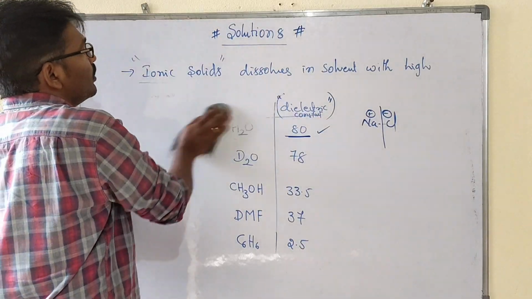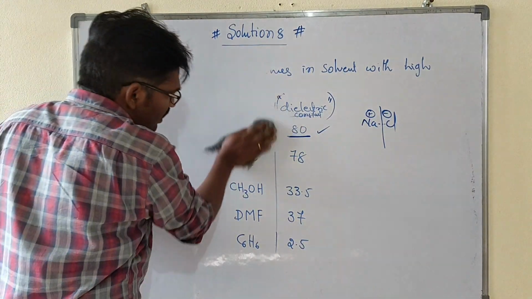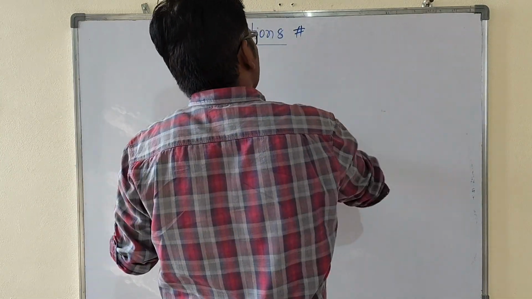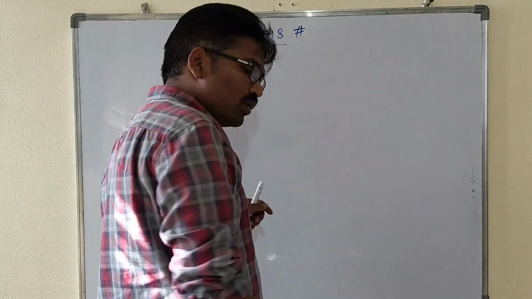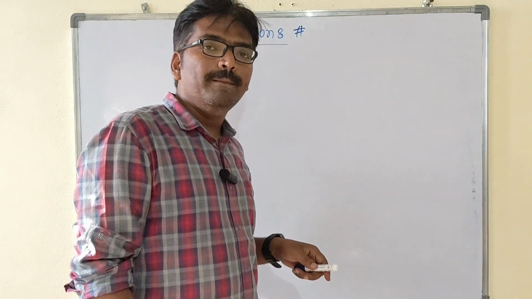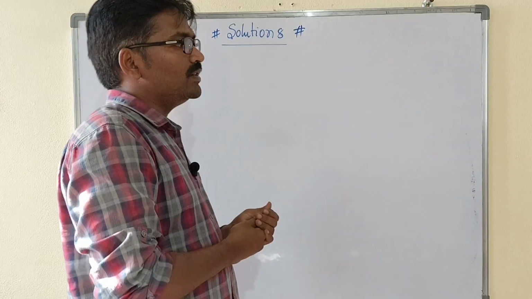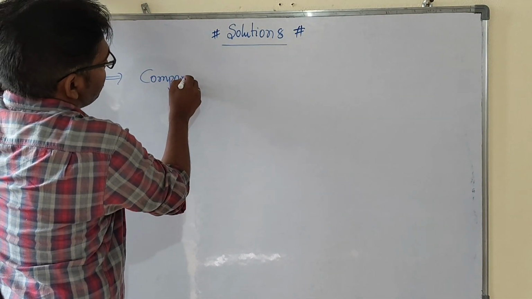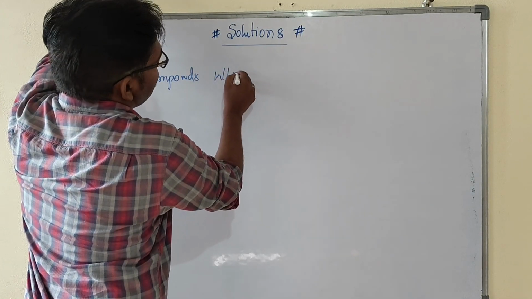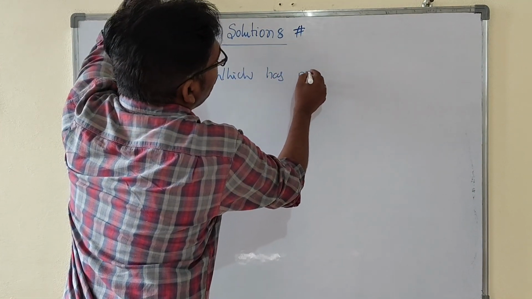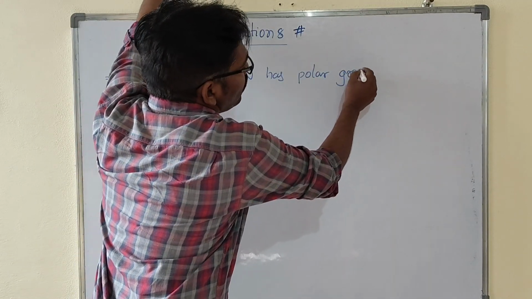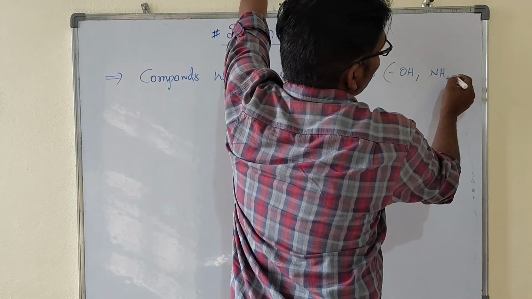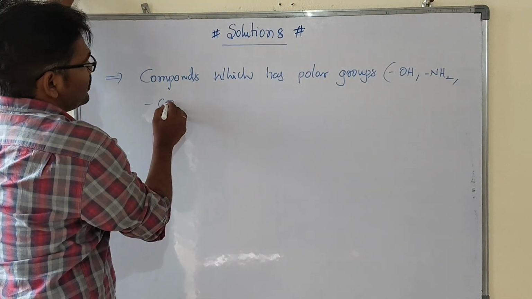Next, one more point you have to remember: compounds which have polar groups can be soluble in water, and compounds which have non-polar groups can be soluble in non-polar solvents. Look at compounds which have polar groups such as OH, NH2, then COOH.